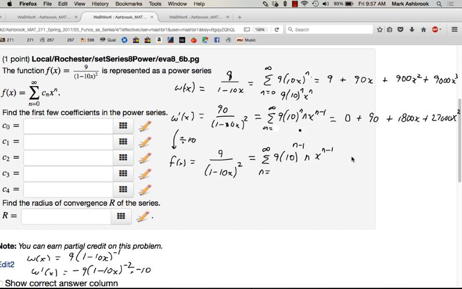So then all these divided by 10 is 0 plus 9 plus 180x plus 2700x squared and more. Okay, so if we did everything right, we've got our power series for f, the one we were given, 9 over 1 minus 10x squared.